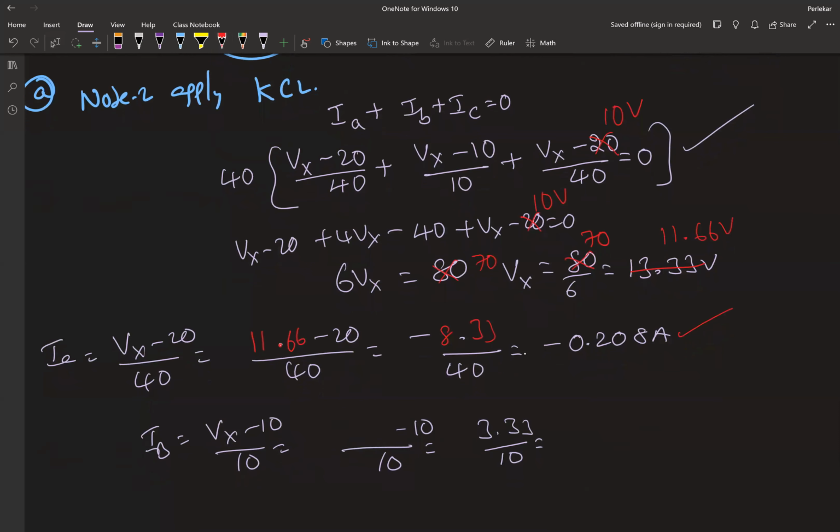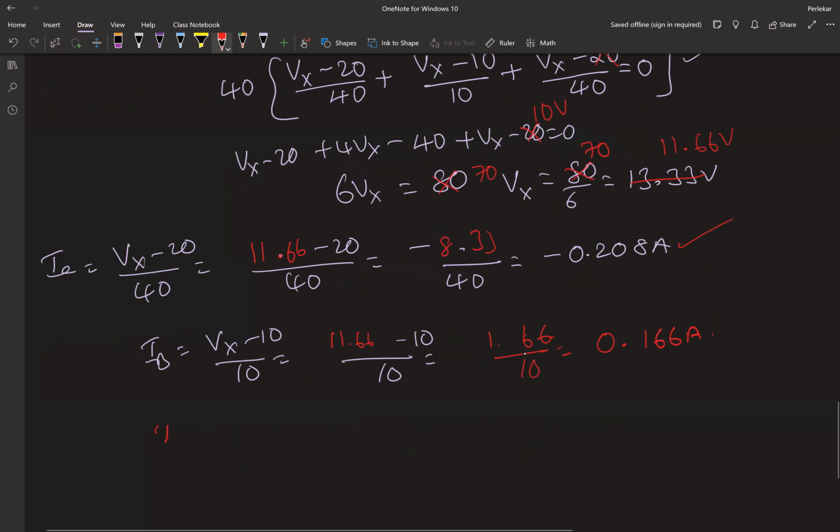Now IB equals Vx minus 10 divided by 10, so 11.66 minus 10 is 1.66 over 10, so 0.166 ampere. And IC equals Vx minus 10 over 40.